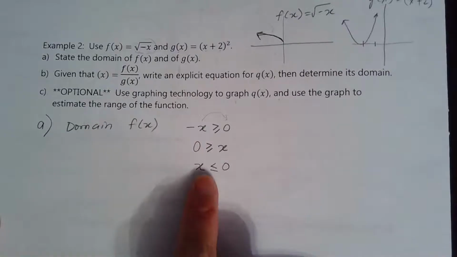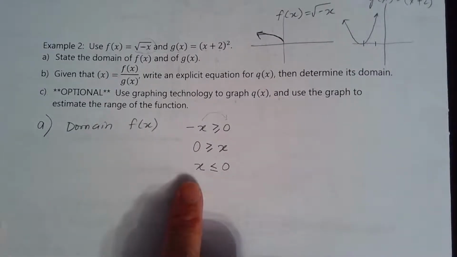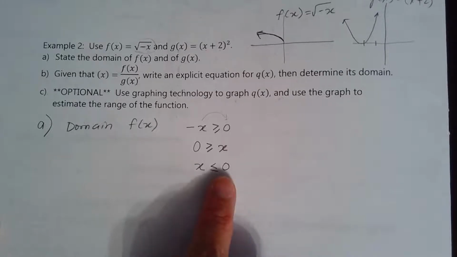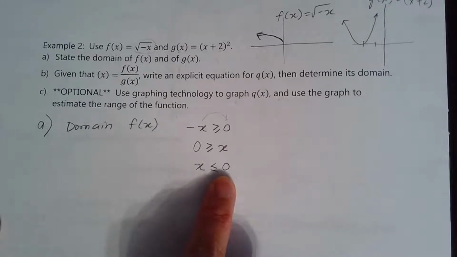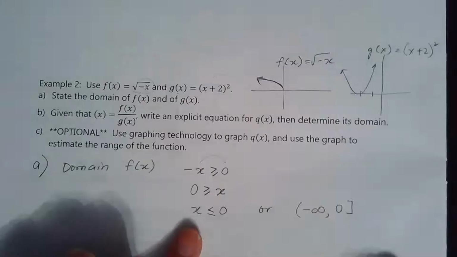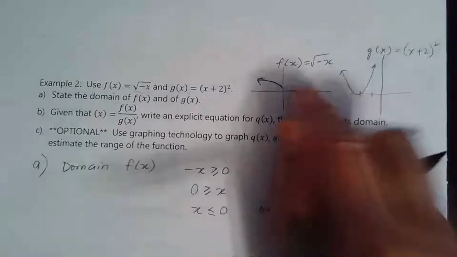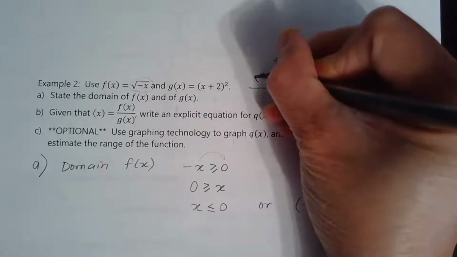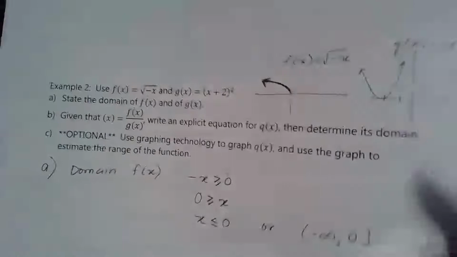So that means the domain, the x values, are any values that are less than or equal to 0. It's a negative defined value. Look over here, this is a graph, just a rough sketch of what that function is.